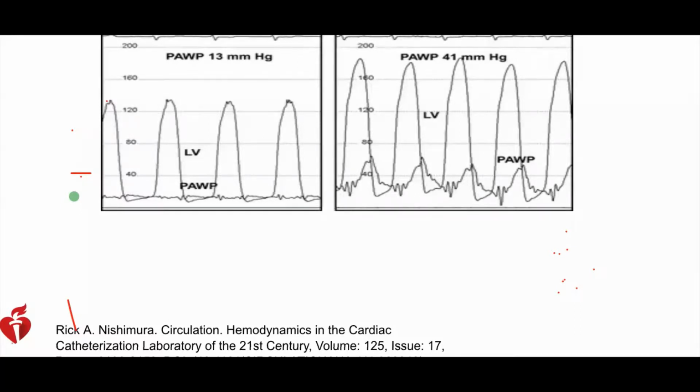Diastolic dysfunction uncovered during exercise and masked during rest. A patient who has symptoms of heart failure, his echo is normal, his E over E prime is normal. There is no hemodynamic data during rest to suggest diastolic dysfunction.